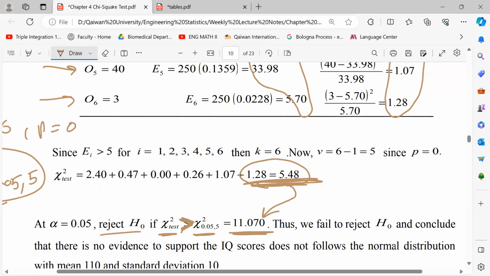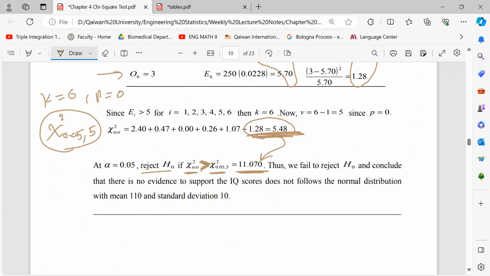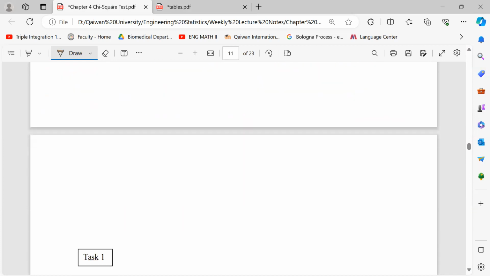There is no evidence to support that the IQ score doesn't follow the normal distribution. So it means we accept H naught and we say the IQ score follows a normal distribution with mean 110 and standard deviation 10. That's it.